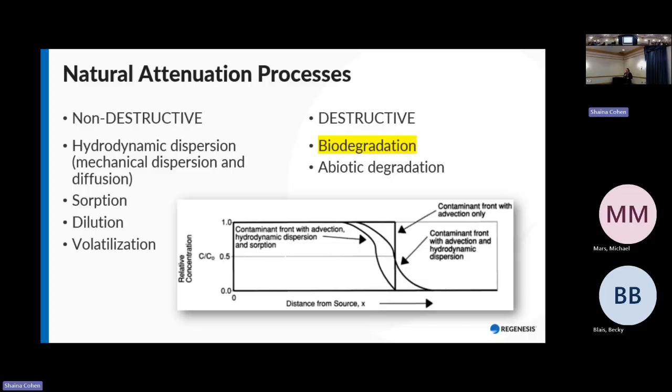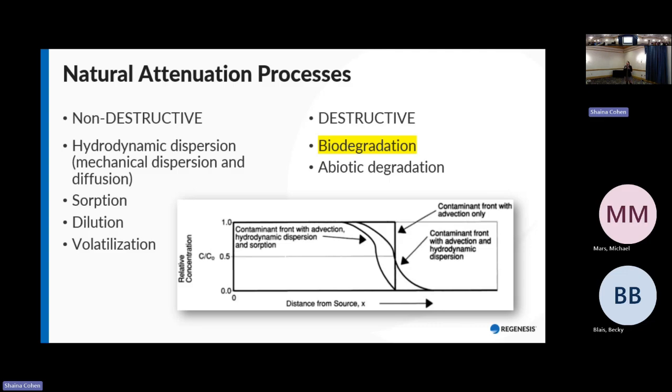And really just want to highlight here, there's a whole bunch of different natural attenuation processes, but we can kind of group them into two broad categories. So on the left here, we've got non-destructive natural attenuation processes, and then on the right there, we have the destructive natural attenuation processes.